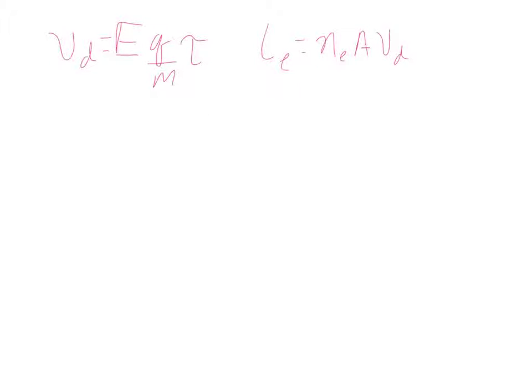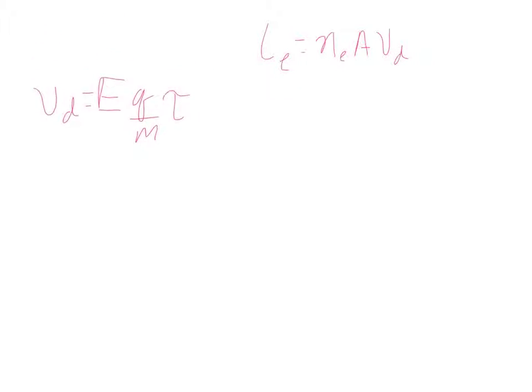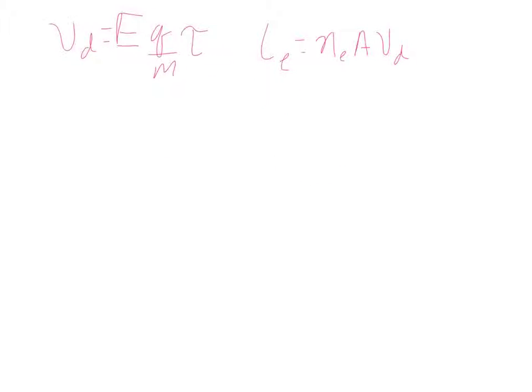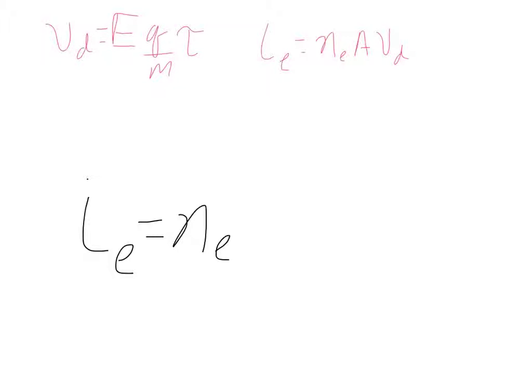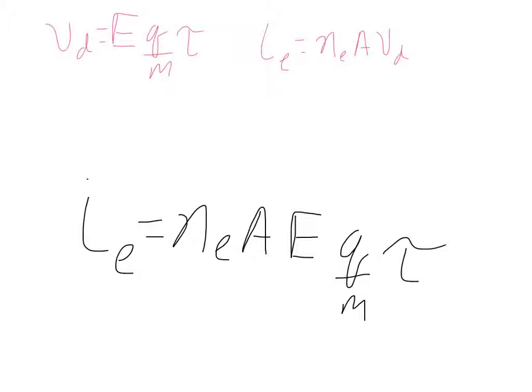So we're going to take the V sub D from over here, and put it right in there, and you kind of get a look at what it's going to look like. That's a mess. So let's go ahead and rewrite it. Let's use black. And so what we find then is that I sub E is equal to N sub E, the number of mobile charge carriers per unit volume, times the area, times E Q over M times tau.